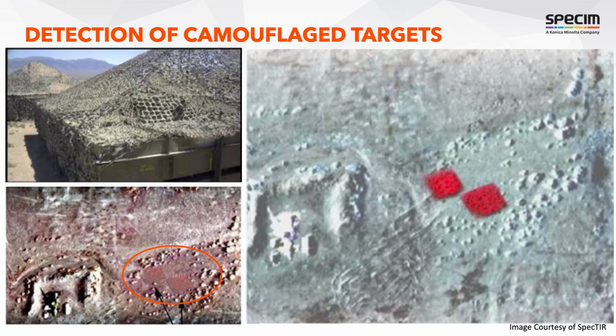Another type of application where SWIR is really an asset is related to military, and here it was for the detection of camouflage and targets. Typically military equipment is green or brown to match the landscape, a bit like a chameleon would do. But when you have the color, you do not really mimic the material.